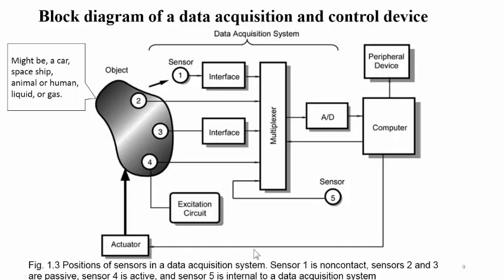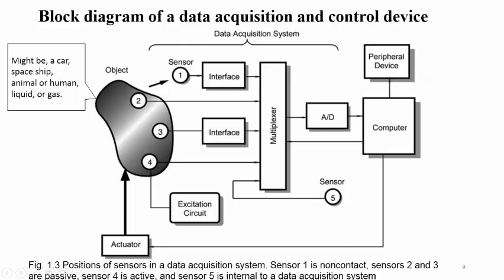And depending on the process or the application, the computer will decide when to provide a command to the actuator. This actuator is connected to the computer. Working of this actuator is based on the commands from the computer, and directly the actuator will handle the object.